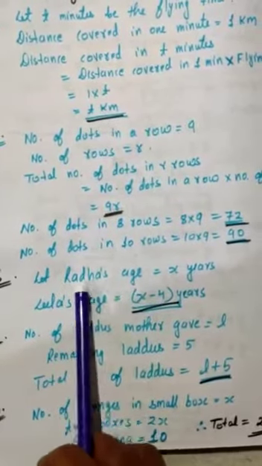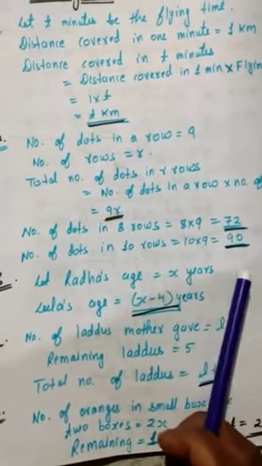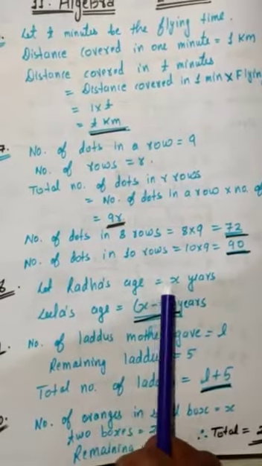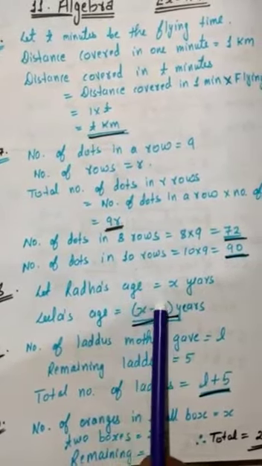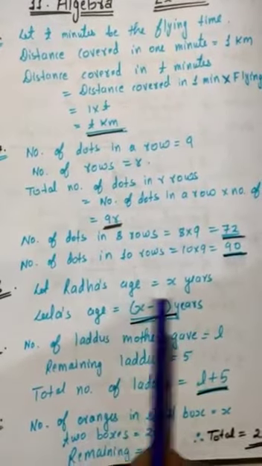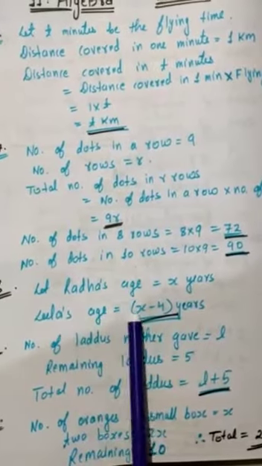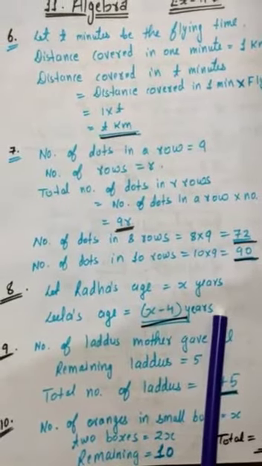So obviously you will take Radha's age to be x, or you can take any other variable also, y. Okay, so Radha's age will be x years, और Leela जो है she is 4 years younger. Younger means less, so you have to subtract. Okay, so Leela's age will be x minus 4 years. It's very simple, as I told you.